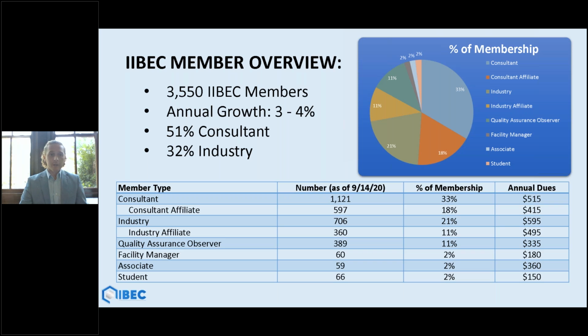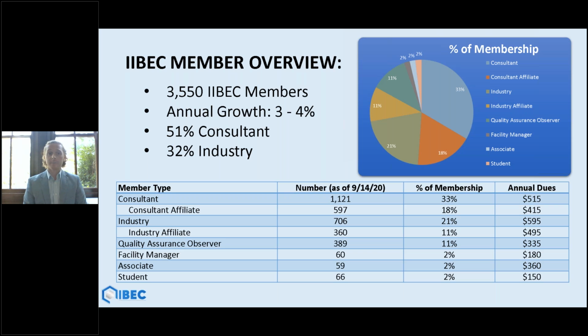To look at the pie chart here a little bit, our core and focus of our membership is obviously our consultant, building enclosure consultant members. And this makes up the largest member classification of our organization at 51% currently. Our next biggest membership group is our industry members.